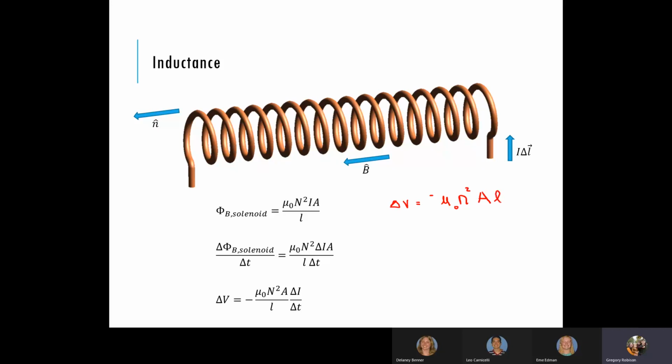So I'll put L in here. So something like that. You could plug in the turn density, and you still have this delta I over delta T, how the current changes in time.